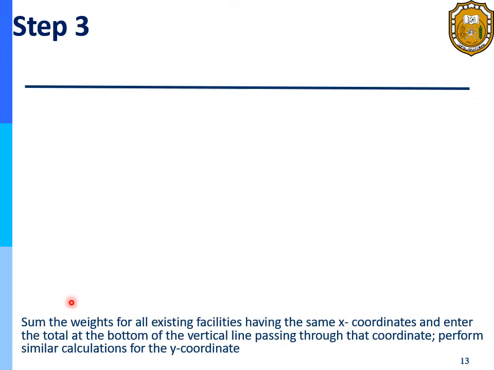The third step is to sum the weights for all existing facilities having the same x coordinate. This is what I mentioned. Enter the total at the bottom of the vertical line passing through that coordinate, and perform similar calculations for the y coordinate. So let's see.